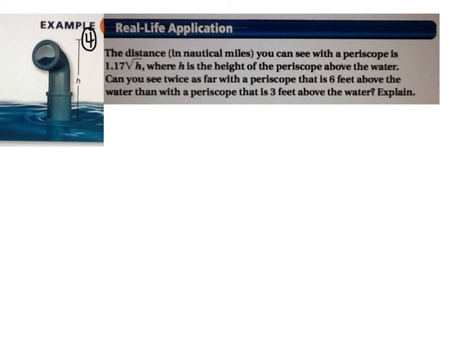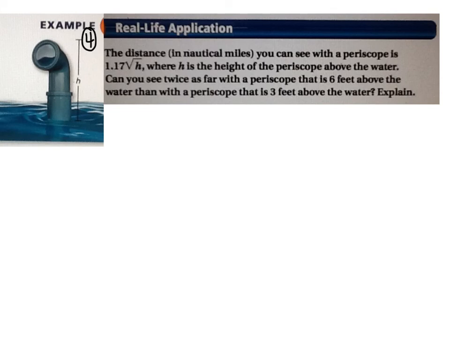Our last example is example 4, another real-life application. The distance in nautical miles you can see with a periscope sticking out of the water is 1.17 times the square root of h, where h is the height of the periscope above the water.